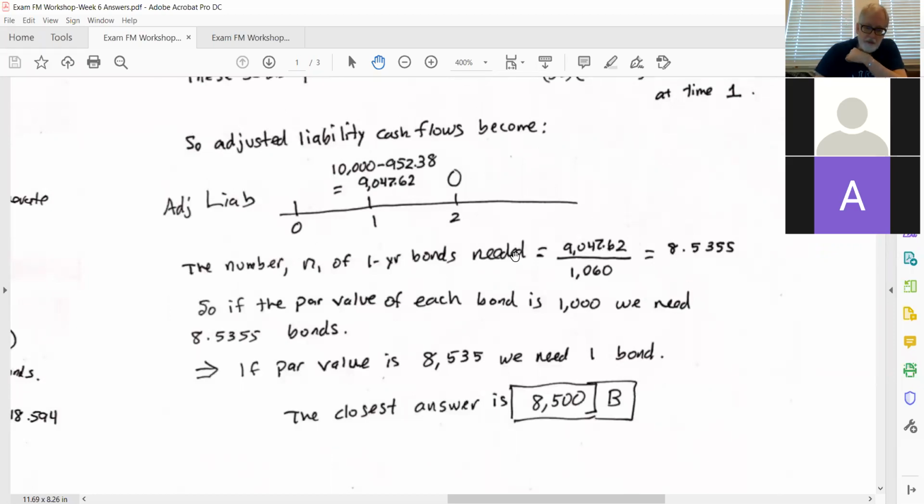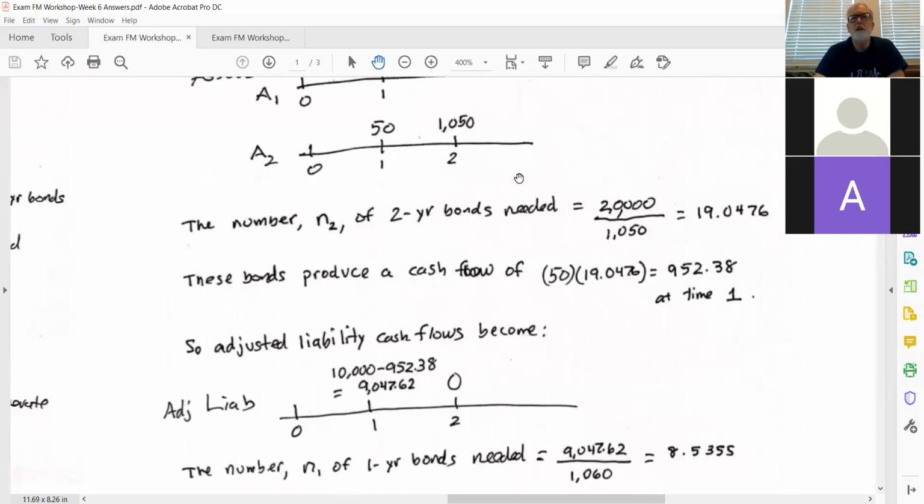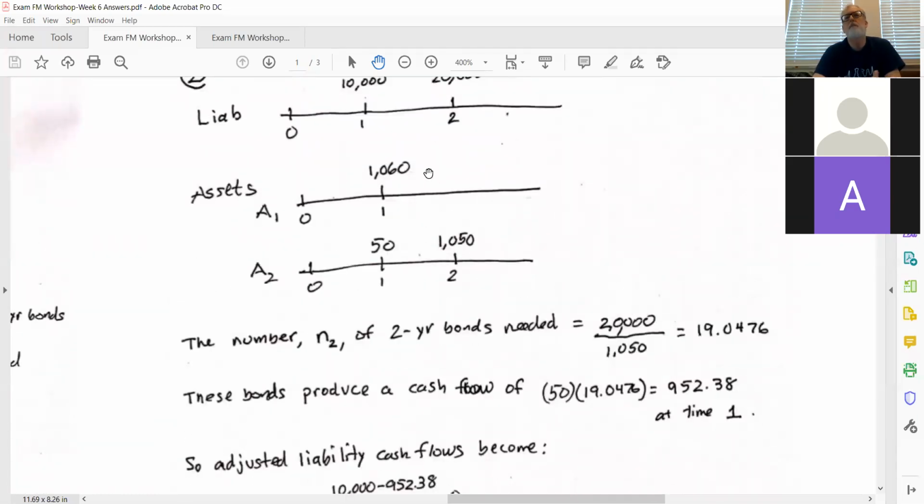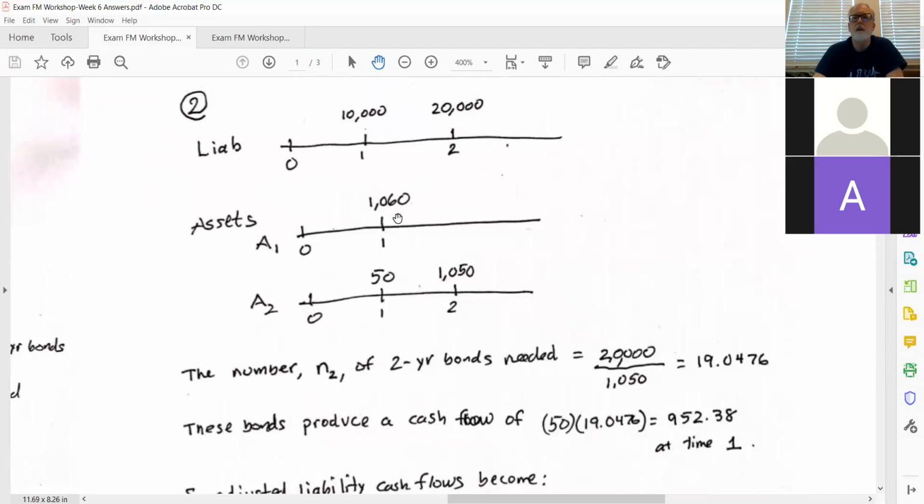And so the question for this one is, what is the par value of the 1-year bond that should be purchased? Well, I picked a par value of 1,000 just to get numbers that are easy to do math with, but it's all scalable.